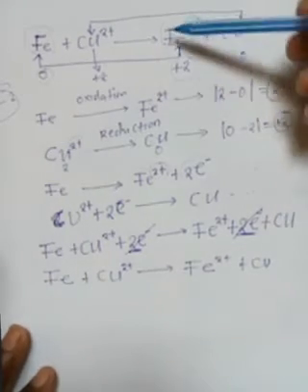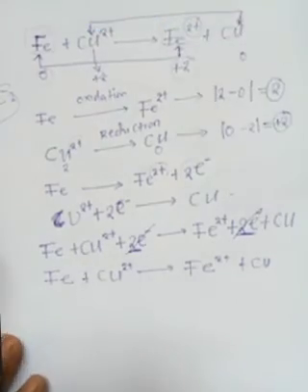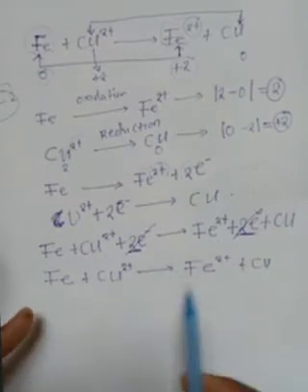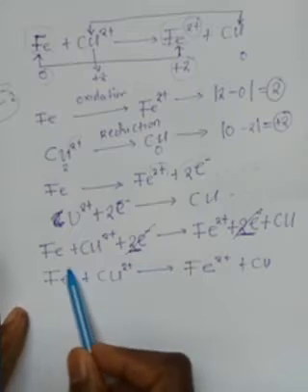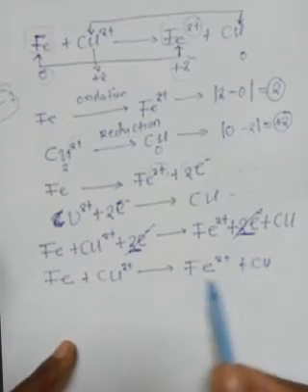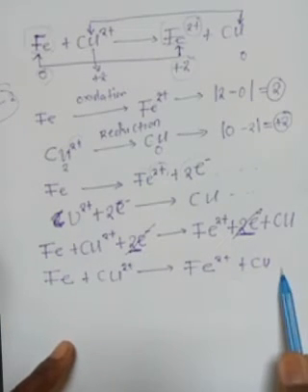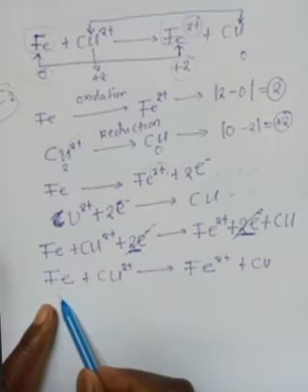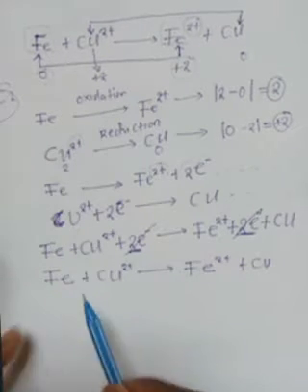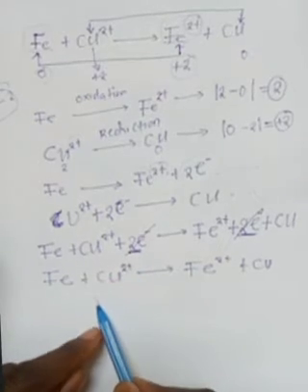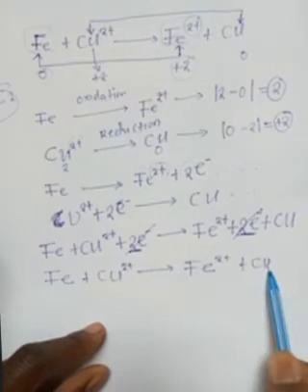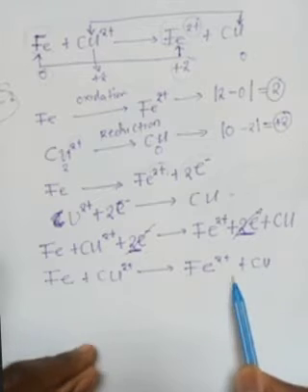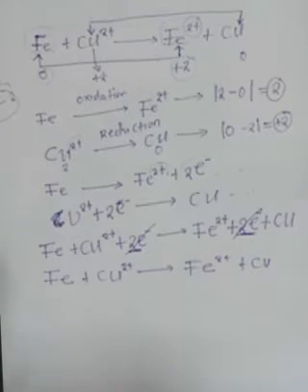We've returned back to the original thing. What does it mean? This means we're going to have 2 charges on the left hand side and also 2 charges on the right hand side, because Cu does not have a charge. Even Fe has a 0 charge. So this plus 2, we are going to get 2, and 2 plus 0, we are going to get 2, meaning that this is balanced in acidic media.